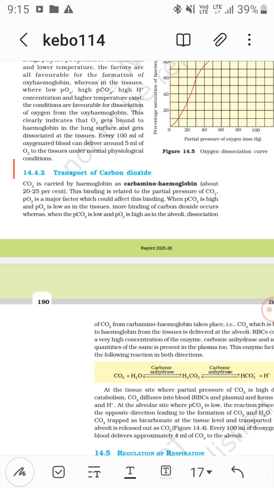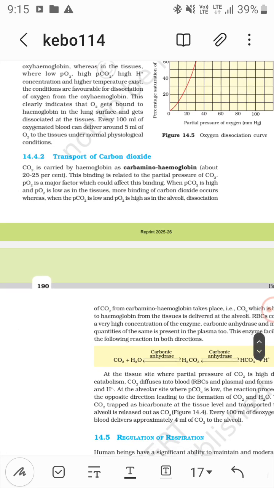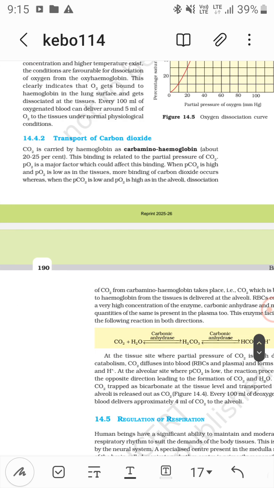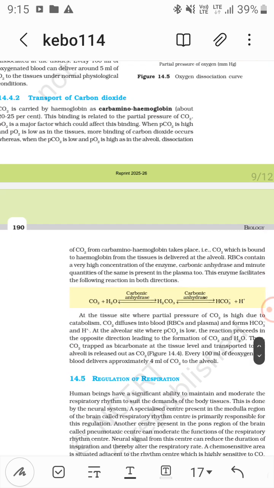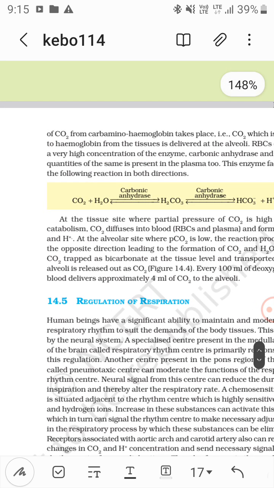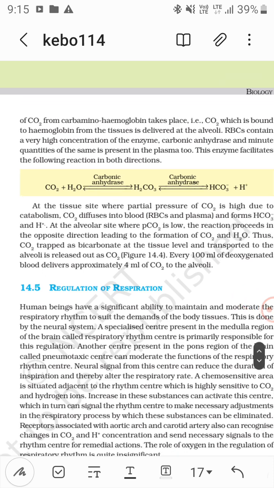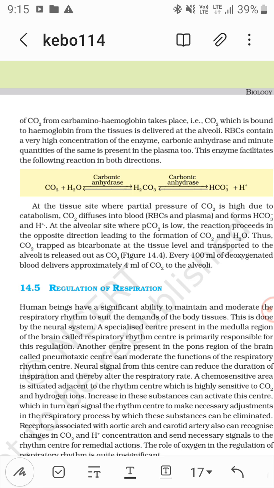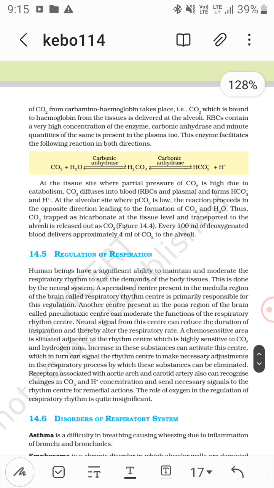So transport of carbon dioxide. CO2 is carried by hemoglobin as carbaminohemoglobin, about 20 to 25%. There is a reaction: CO2 plus H2O in the presence of carbonic anhydrase forms H2CO3, that is carbonic acid, which further dissociates into bicarbonate and H+.